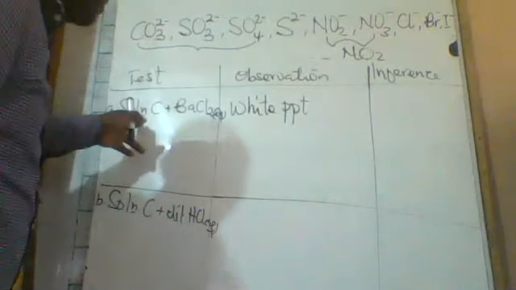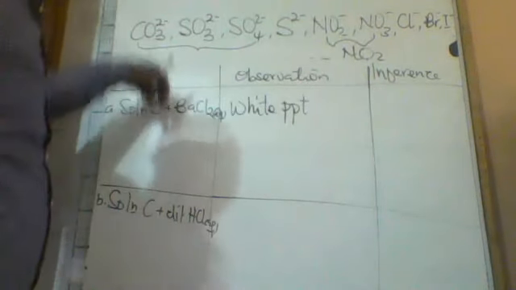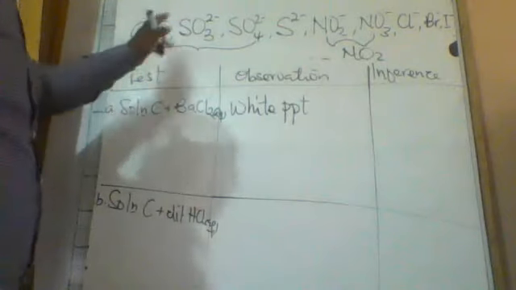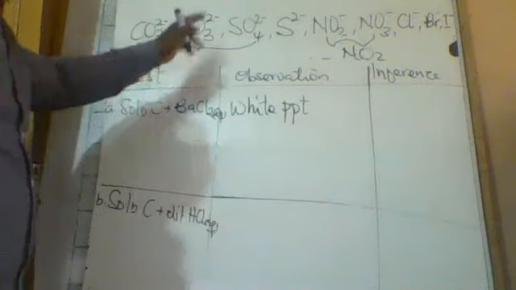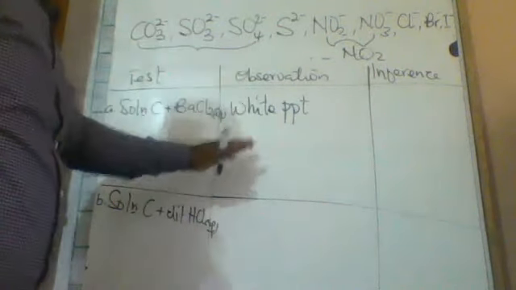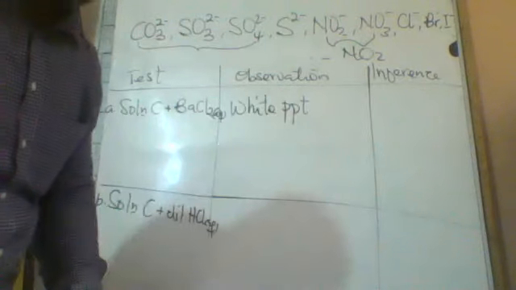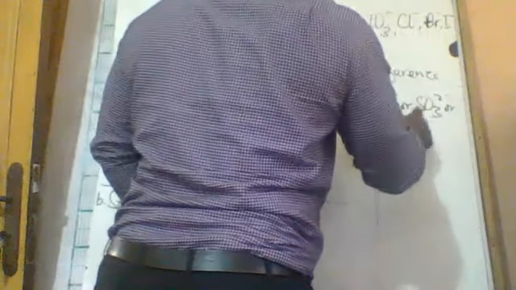So when you add barium chloride to a test solution that contains carbonate, sulfite or sulfate, you are going to get white PPT. So at the inference column, you record CO3 2 minus or SO3 2 minus or SO4 2 minus present.